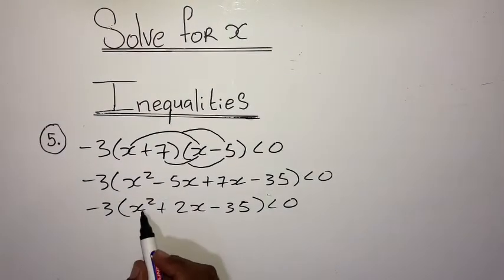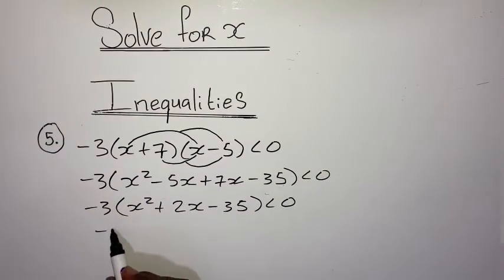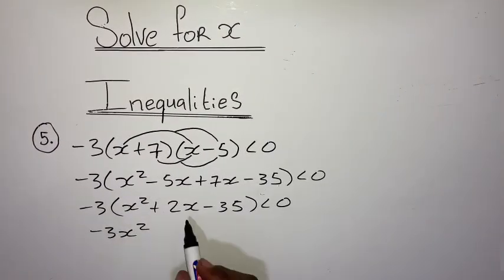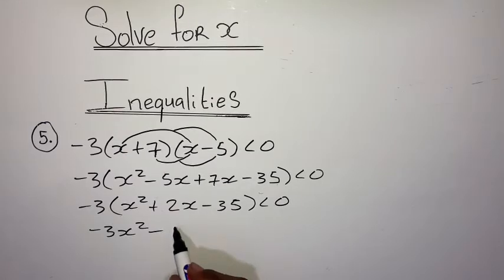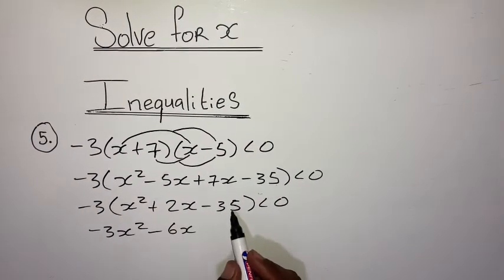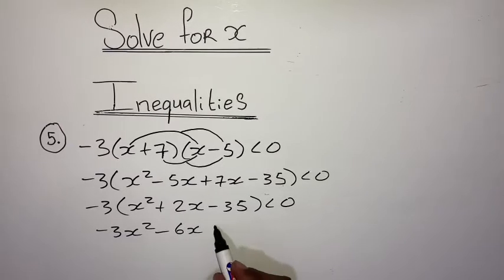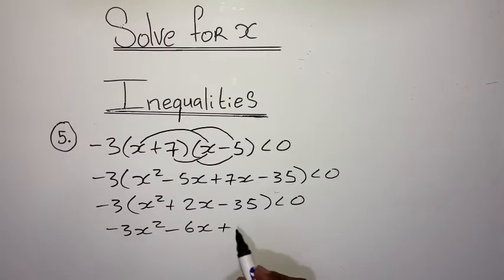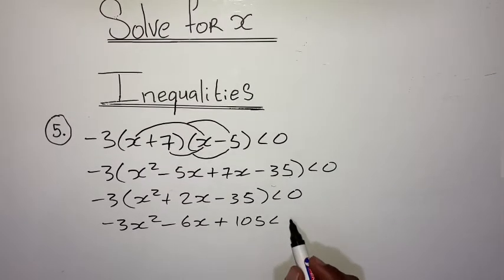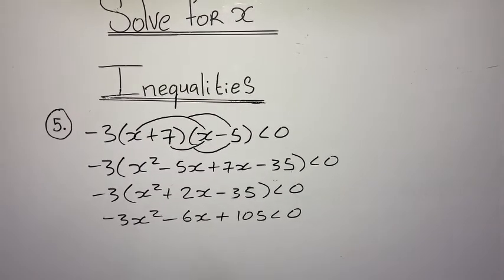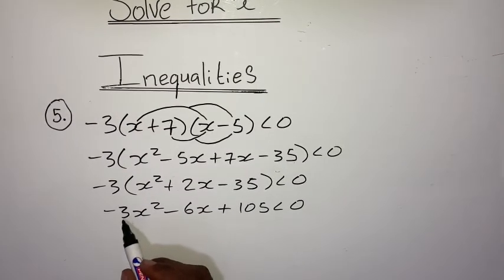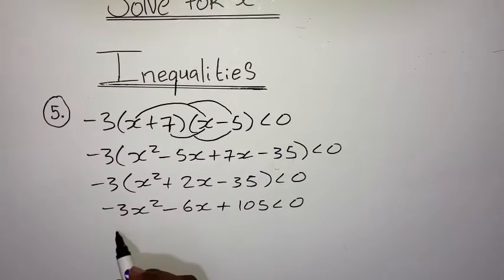The -3 times x squared, you get a -3x squared. -3 times 2x, you'll get a -6x. -3 times negative 35, you get a plus 105 less than 0.